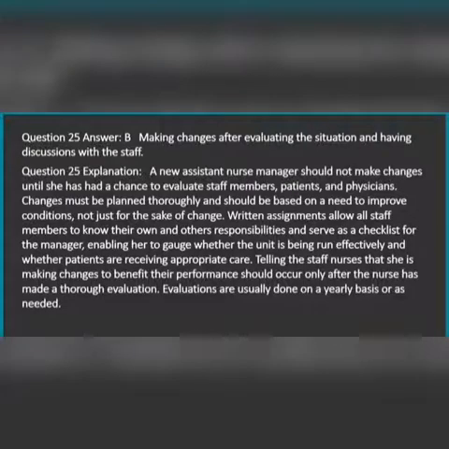Written assignments allow all staff members to know their own and others' responsibilities and serve as a checklist for the manager, enabling her to gauge whether the unit is being run effectively and whether patients are receiving appropriate care. Telling the staff nurses that she is making changes to benefit their performance should occur only after the nurse has made a thorough evaluation. Evaluations are usually done on a yearly basis or as needed.